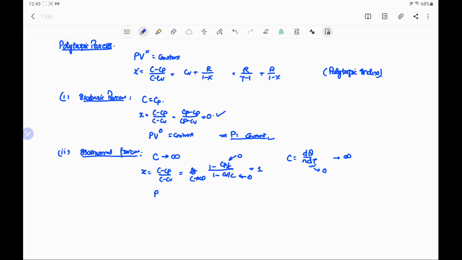Therefore, the equation for the isothermal process will be PV raised to power x, and x is 1, that is equal to constant. So we can write PV equal to constant for the isothermal process.